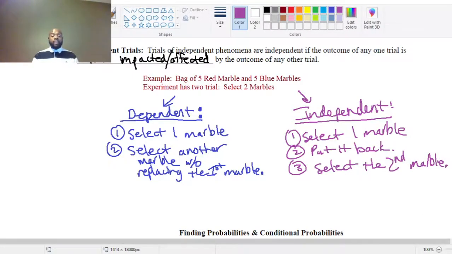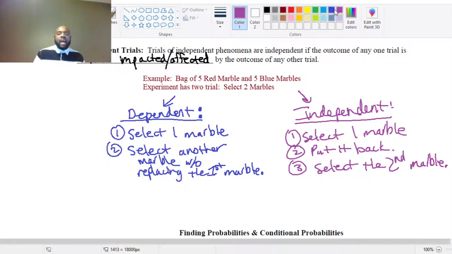So when I do this, I select my first marble from my first trial, I put it back in the bag. When I put it back, there's still 10 marbles left, right? And then I select my second one. The probability is going to be basically the same as the probability from my first trial. And so selecting in that manner will create independent trials.